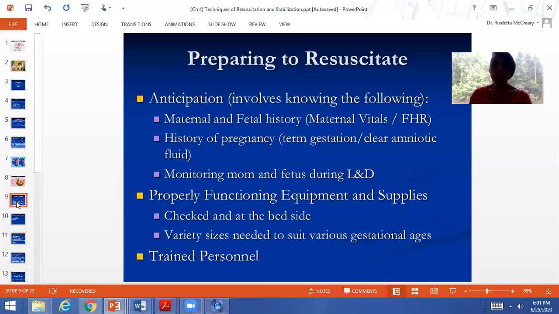Properly functioning equipment and supplies are very important. At the very beginning of the shift, always make sure that you go to the labor and delivery suites. Do not depend on the previous therapist to have stocked everything for you. Depending on the kind of shift that they had, they might not have been able to get to everything.